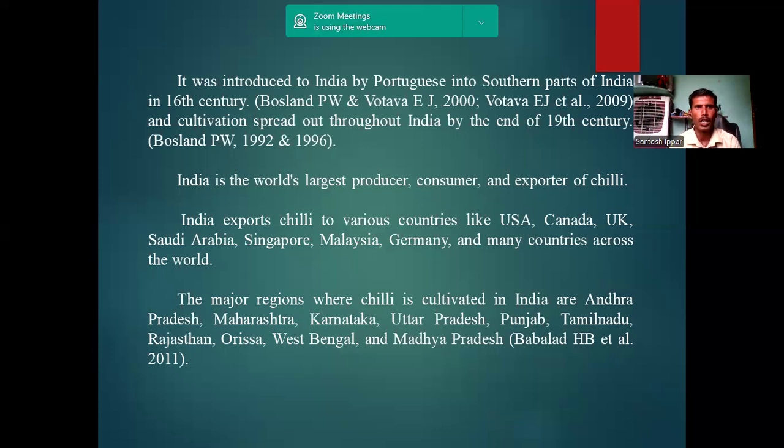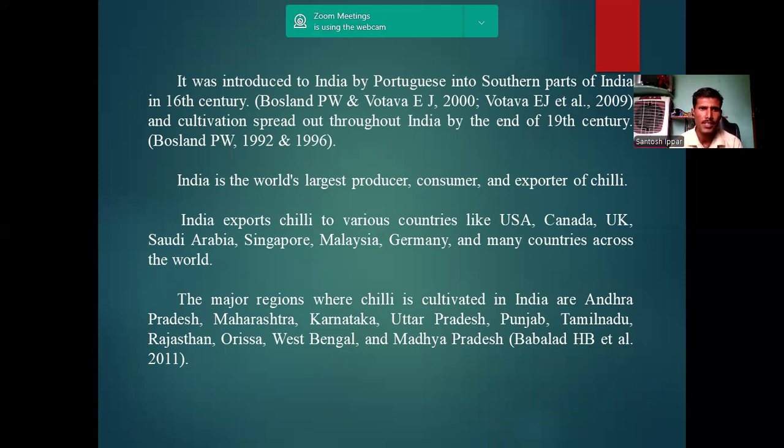In India, it was introduced by the Portuguese in the 16th century. At the beginning, it spread into the southern parts of India, and then throughout India by the end of the 19th century.